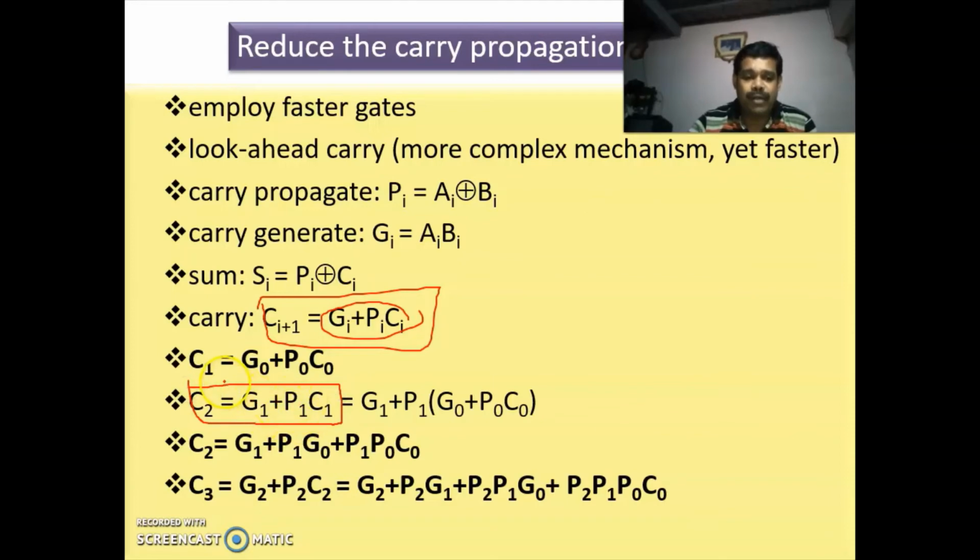In the place of C1, you can substitute this value. So the carry expression is C(i+1) equal to Gi plus PiCi. First you substitute i equal to 0, then i equal to 1, then i equal to 2, then i equal to 3.